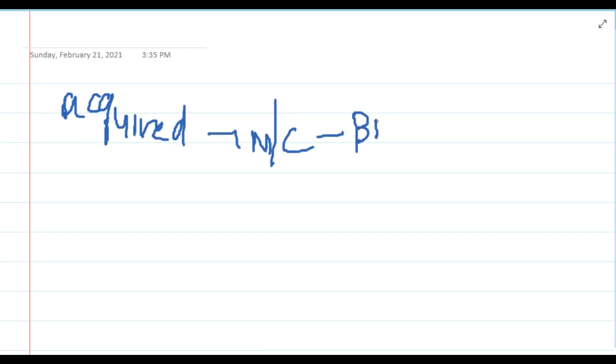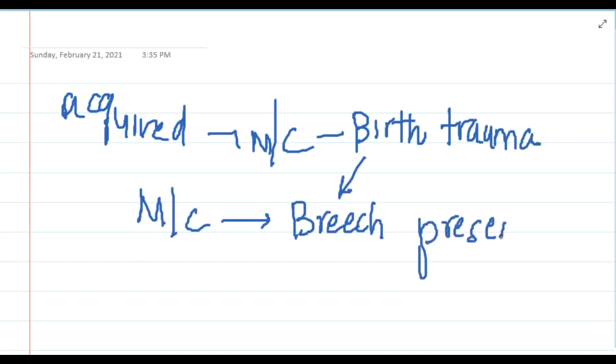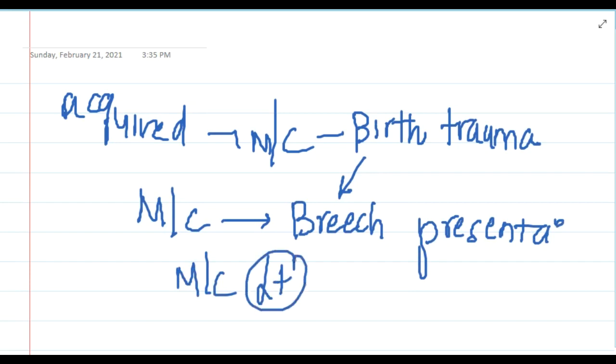Then in the acquired cause, the most common cause of acquired eventration is birth trauma. And within birth trauma, if you were asked what is the most common cause of acquired eventration, that is breech presentation, and this is most commonly seen on the left side, most commonly in male patients.